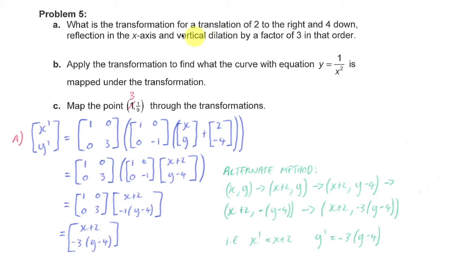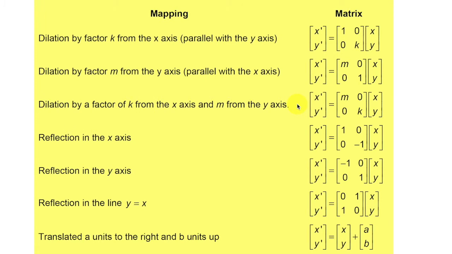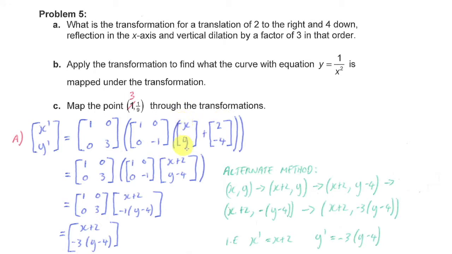So the first thing I'm going to deal with is taking the original xy and then applying this translation. So if I look at my translation down here, my x prime, y prime, that result will be getting the original and then adding the translation matrix to it. So I'm starting here.